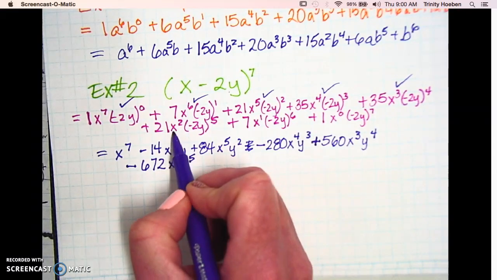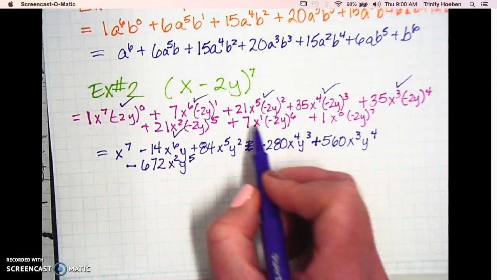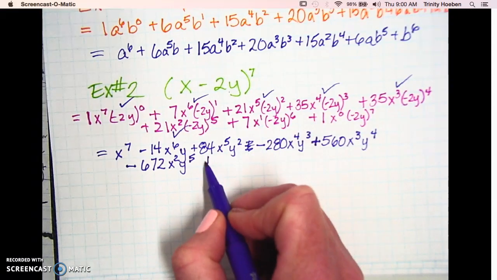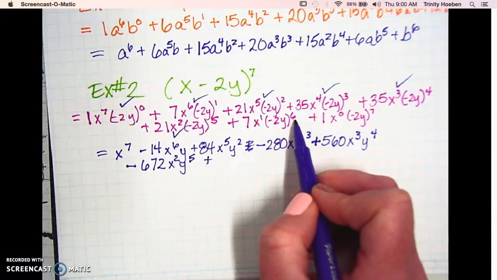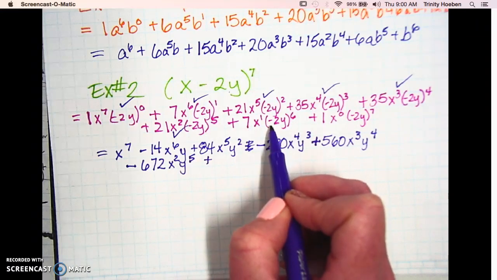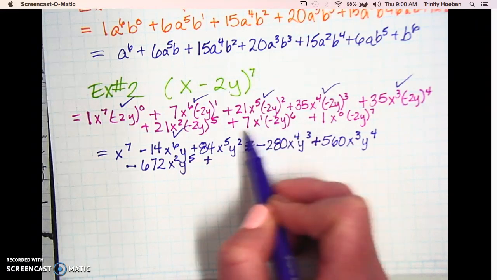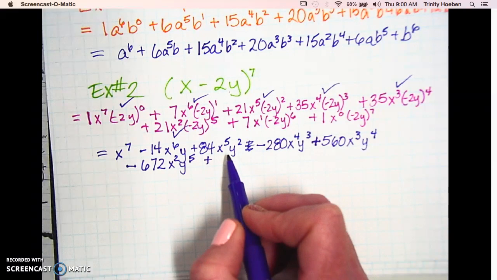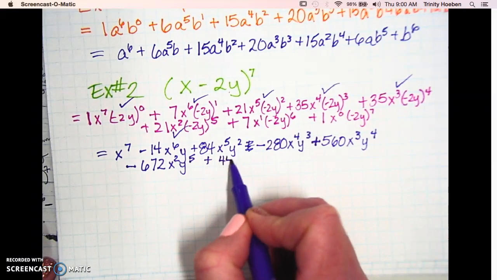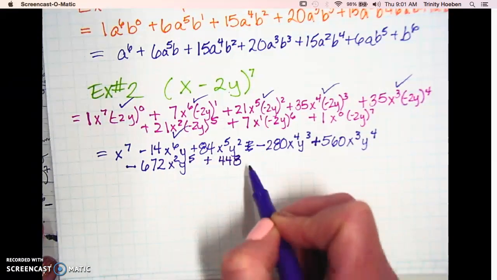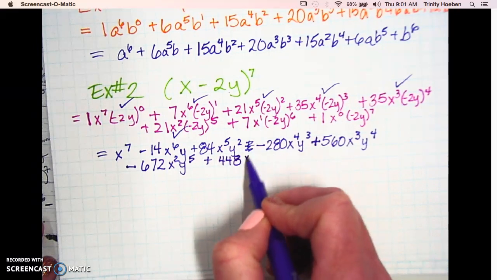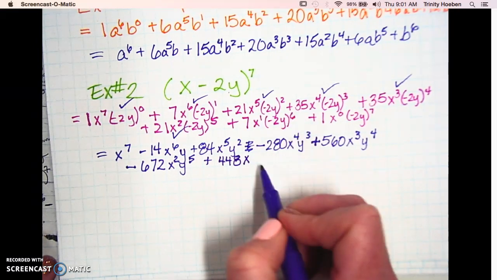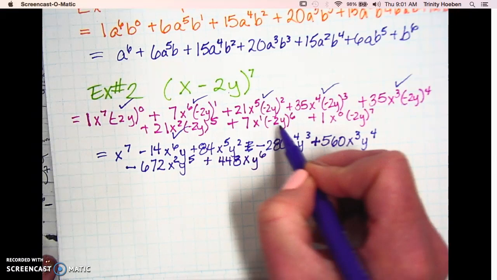Now we've got these two left. Okay, so this one should be plus because we're alternating. So negative 2y to the sixth, multiply that negative 2 to the sixth power, multiply it by 7. I got 448. X to the first, so I'm just going to write x. Y to the sixth. And we're almost done.